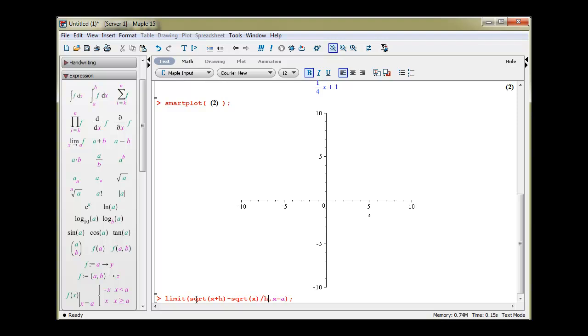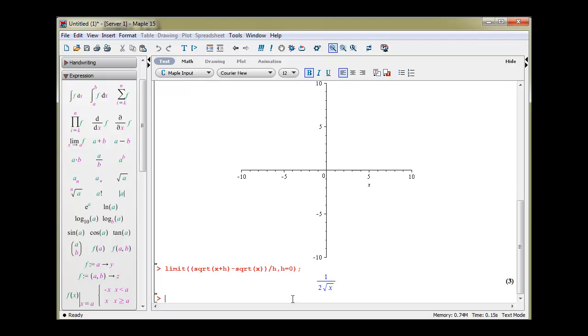Oops, I better make sure I have parentheses around both terms of my numerator. You need to remember the limit definition takes the derivative as h goes to 0. So I need to come over here and change this notation. H needs to go to 0, not x. So as h goes to 0. Let's see if I have everything entered correctly here. And I do. I get 1 over 2 root x, and that's actually my derivative.